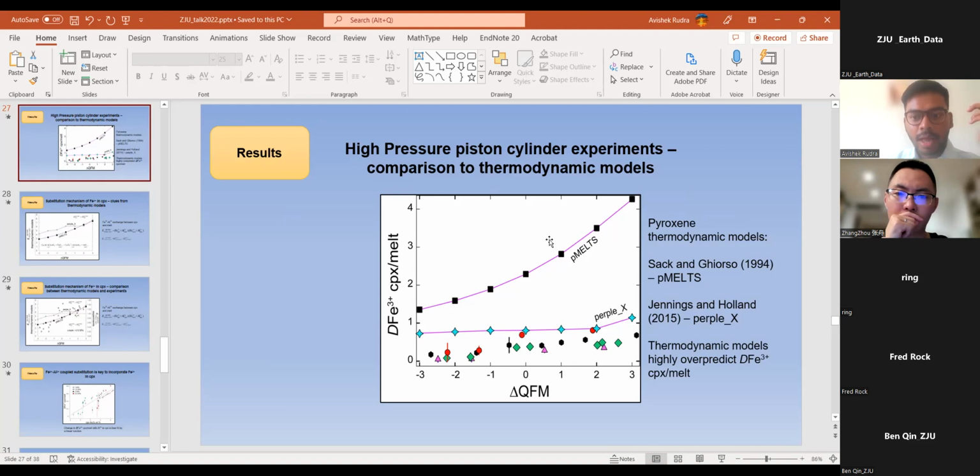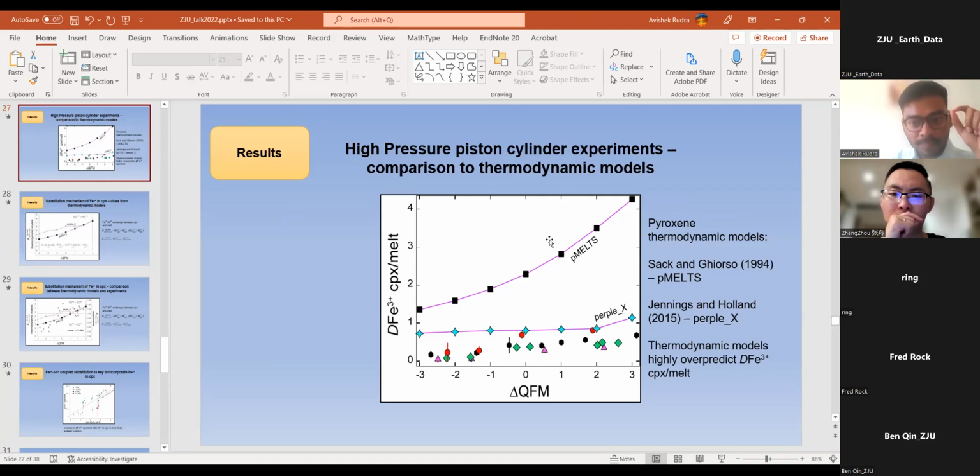And I do not believe those experiments to be true for multiple reasons. The ferric iron of the pyroxenes was measured with electron microprobe, and at that time it was an old generation microprobe, which has very poor accuracy. And the other thing is that the pyroxenes were strongly sector zoned. So depending on where you put your microbeam, you can get very different answers.